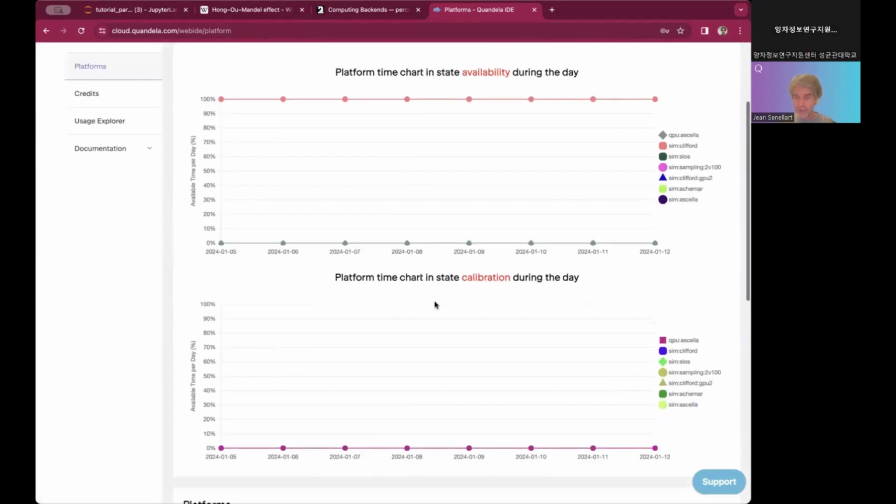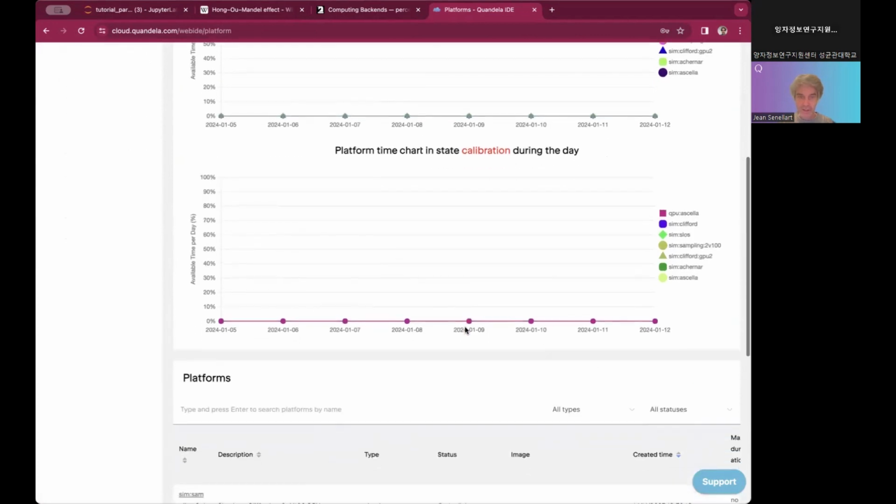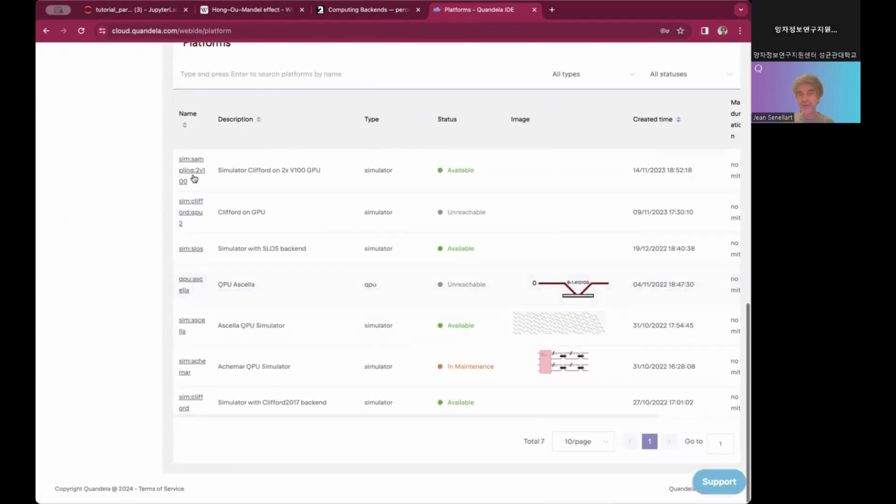On the platform you see the different backends that you have available. Today you have some GPU. You will see something a bit different depending on what you have been granted, but normally you see the same as me.